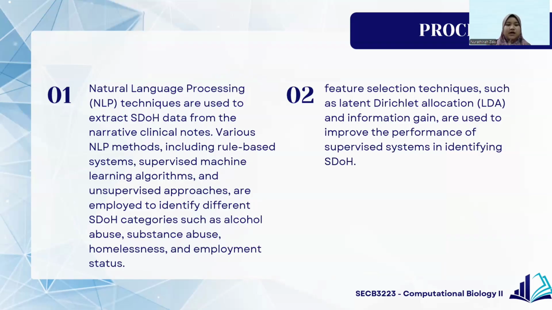Various NLP methods, including rule-based systems, supervised machine learning, and also unsupervised methods, are employed to identify different SDOH categories such as alcohol abuse, substance abuse, homelessness, and employment status. From the process, feature selection techniques such as Latent Dirichlet Allocation (LDA) and information gain are used to improve the performance of the supervised machine learning system in identifying SDOH.